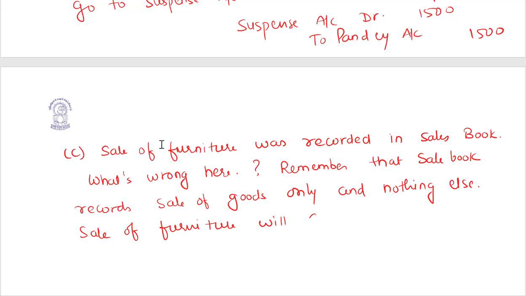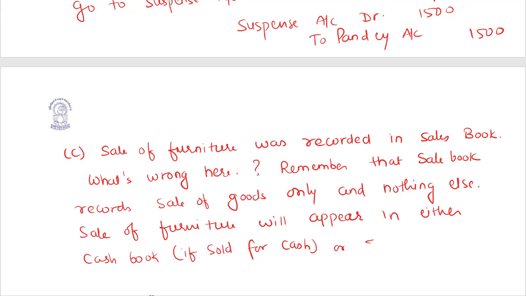Sale of furniture will appear in either cash book if sold for cash, or journal proper if sold for credit. This we have discussed before also.